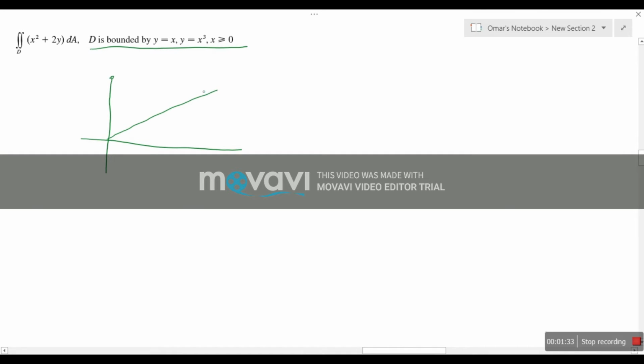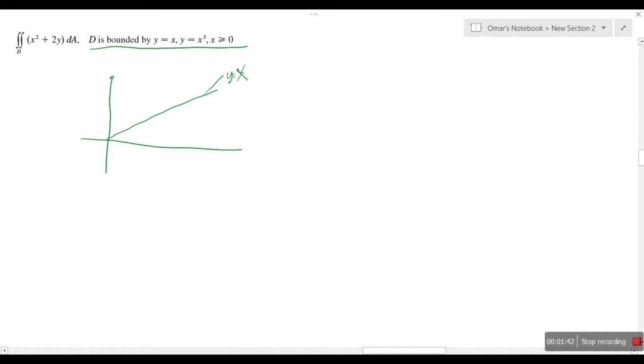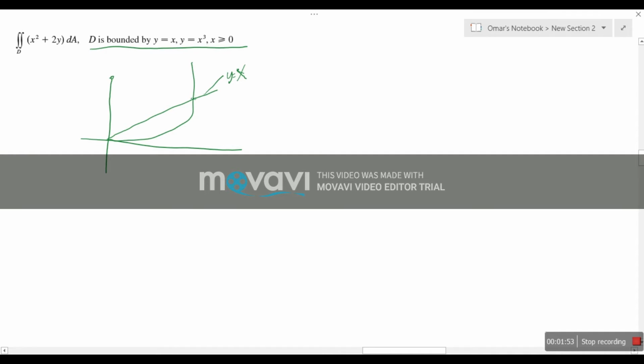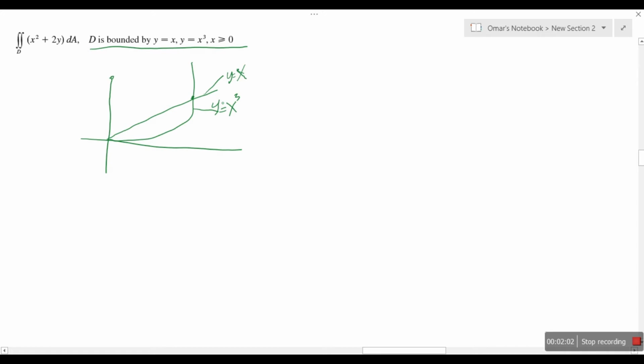So this is y equals x, and this is y equals x cubed.